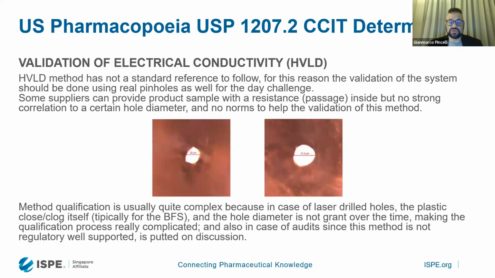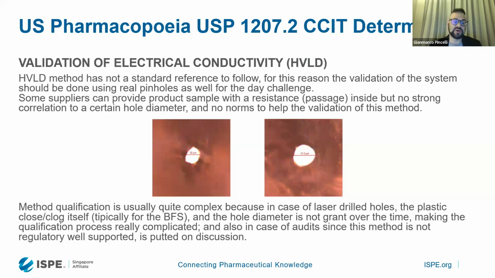Then what about the validation? For pressure decay and vacuum decay, we have ASTM supporting us. This is not true for the HVLD. HVLD has no rule that allows validating the machine with something artificially generated unless there are real holes in the product. So in order to qualify and validate the HVLD, you need laser drilled containers.